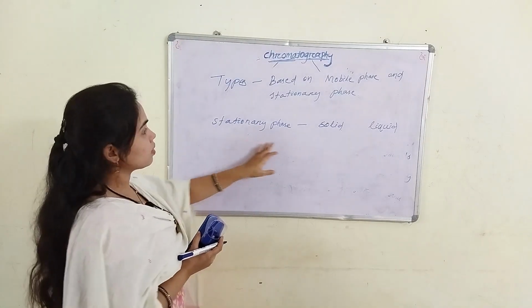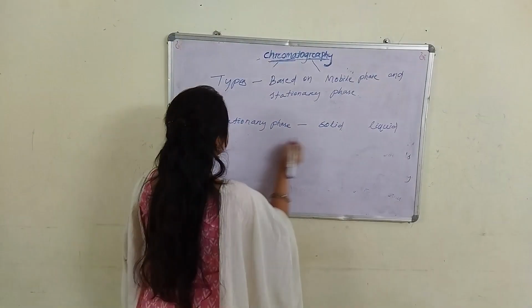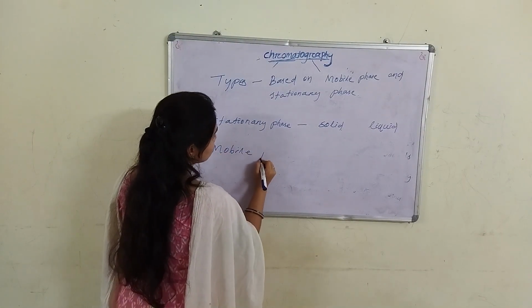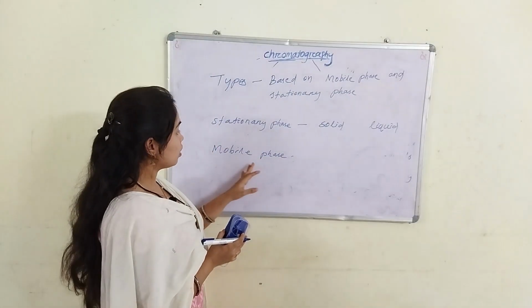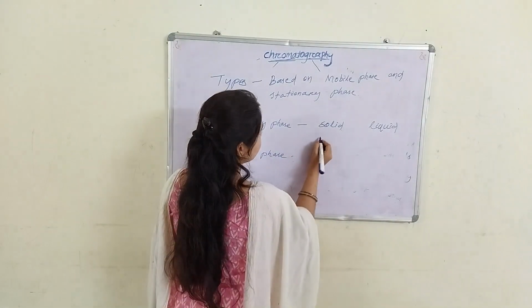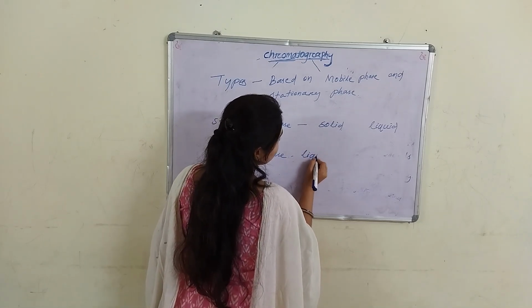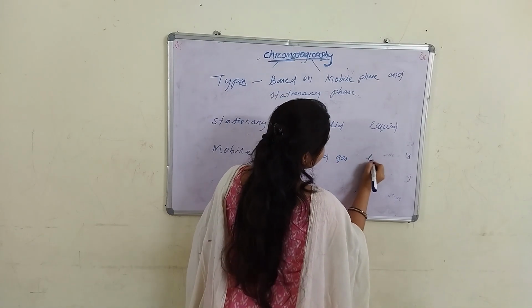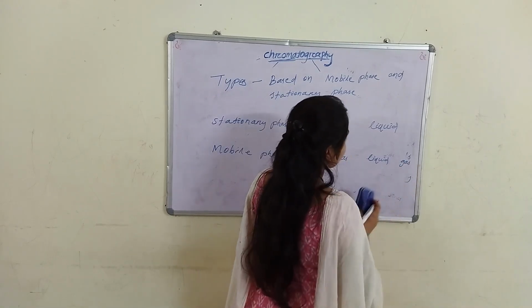Stationary phase is a solid or a liquid phase, and the mobile phase, as the mobile phase is moving, is either a liquid phase or a gas phase.